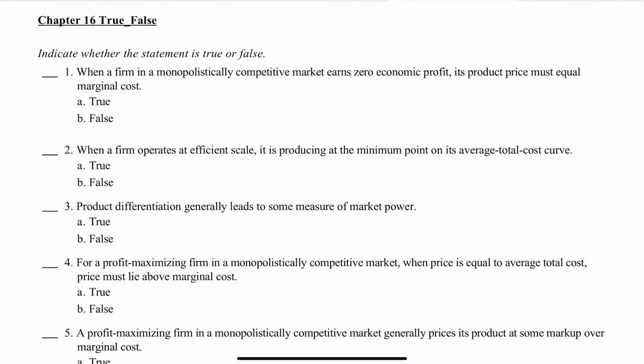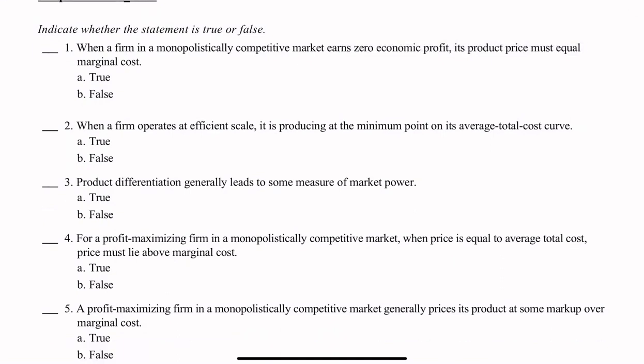You can see that this is incorrect because we know that if there is zero economic profit, this implies price equals average total cost, right? So it's not related to this, right?